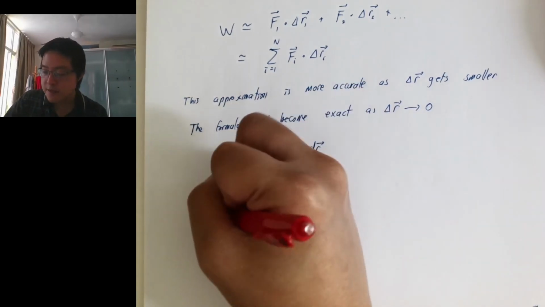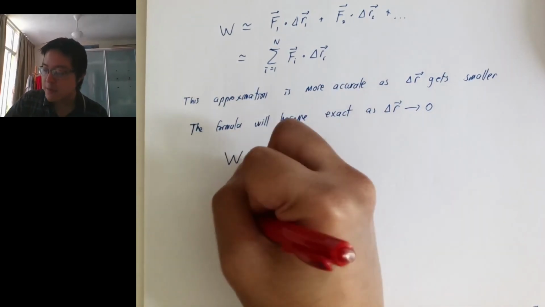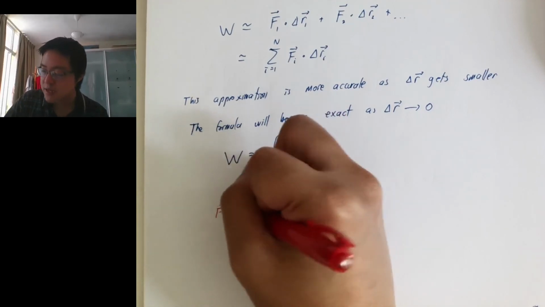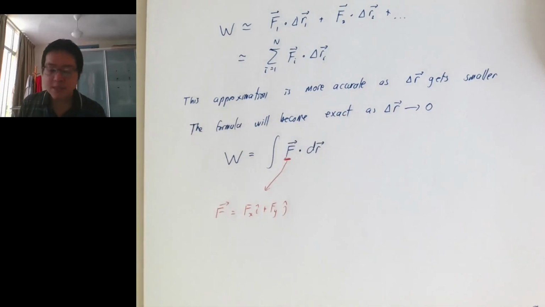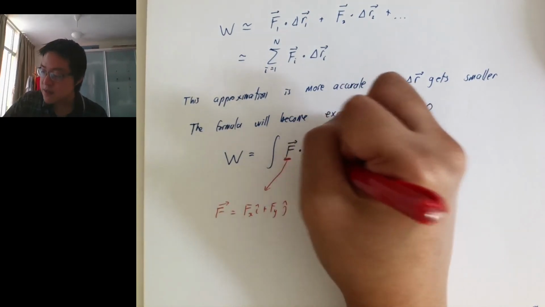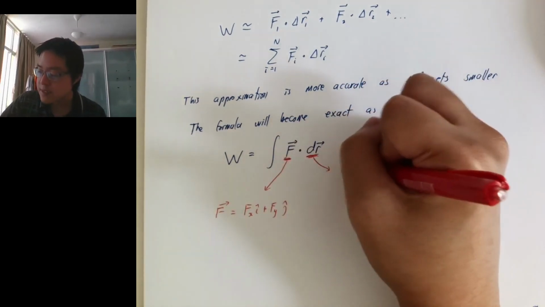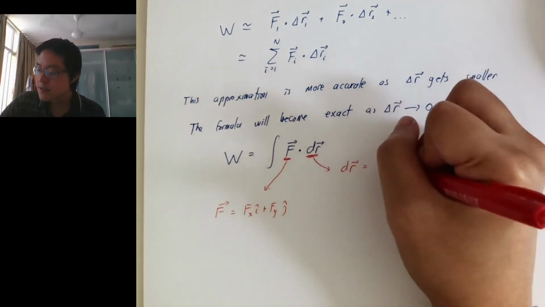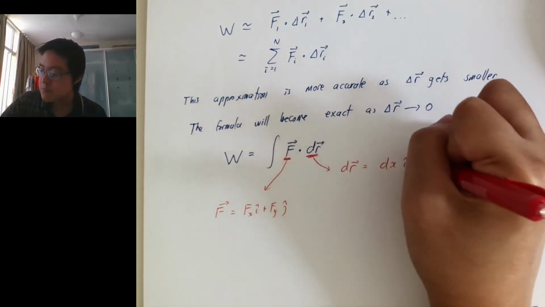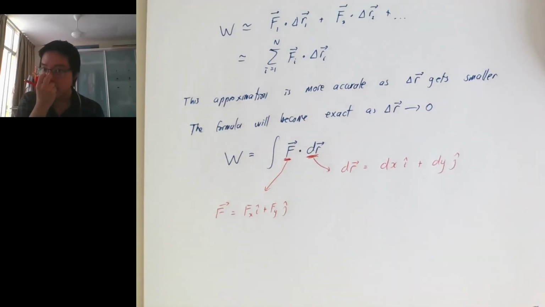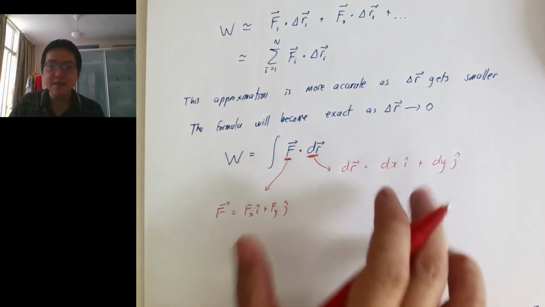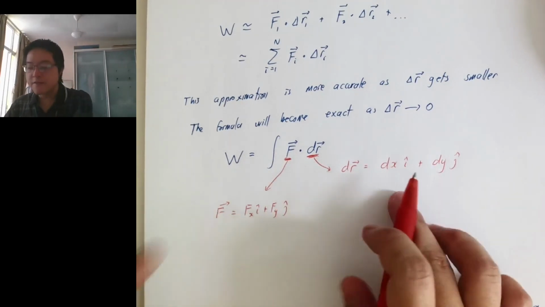So force vector, always remember, let me assume two dimensions first. Let's say it has two components, x and y. Then dr is just a small displacement in x plus a small displacement in y. So what happens if I plug in everything?